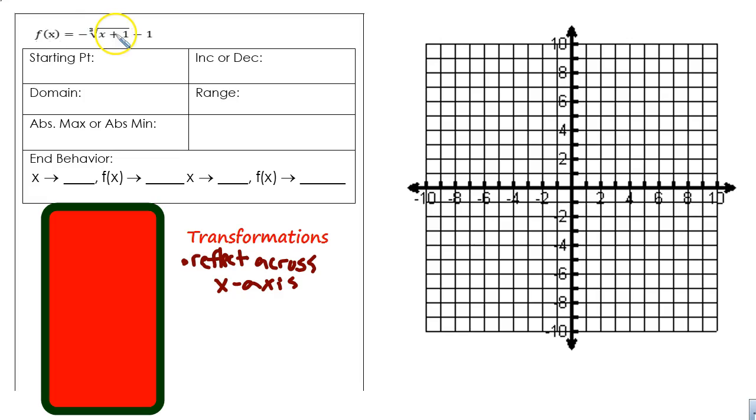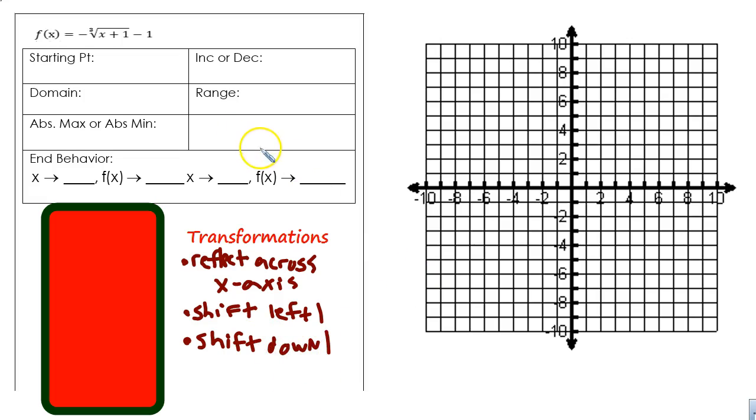But it's to the left, which is kind of opposite of what we want to think is happening here. It's a shift left 1, and we just have to get used to that. And then we also have the minus 1 outside, and those are transformations that are vertical or up and down, and this one is a shift down 1, and those happen exactly the way that you think they should. So we're going to shift down 1.